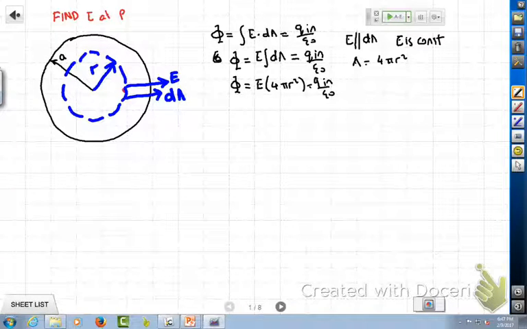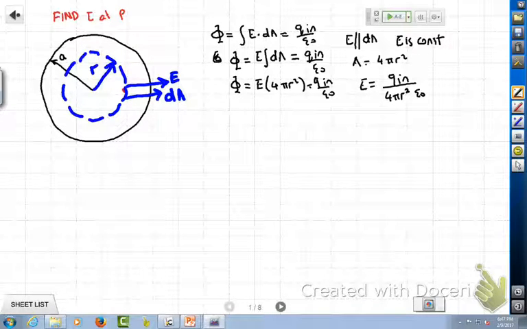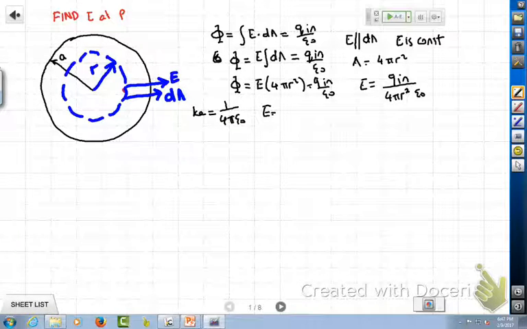Then E is equal to Q in over 4 pi r squared times epsilon naught. And then he's going to say that Ke is equal to 1 over 4 pi epsilon naught. So E is equal to Ke Q in over epsilon naught.